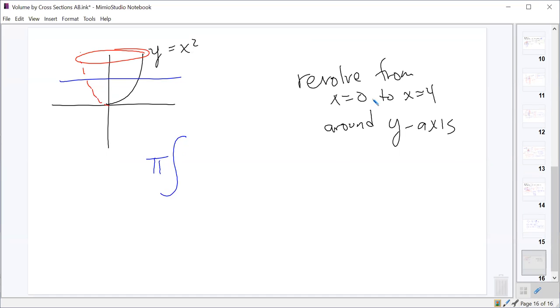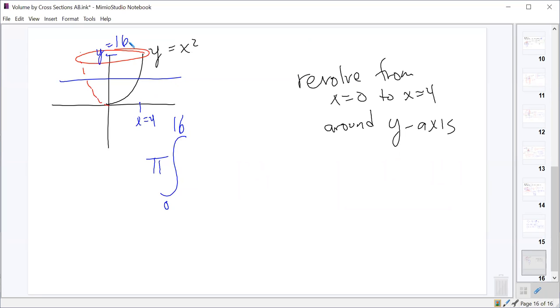If we're going from x equals 0 to x equals 4, what's my lower limit going to be? 0. What's my upper limit going to be? 16. 16, exactly, because we're going to x equals 4, means we're up here at y equals 16.